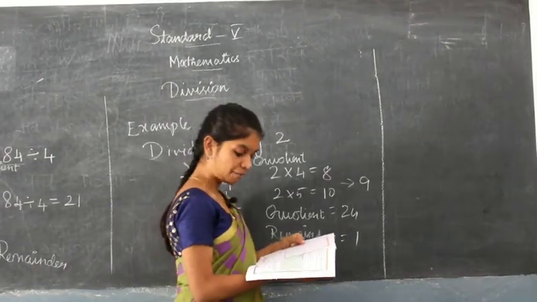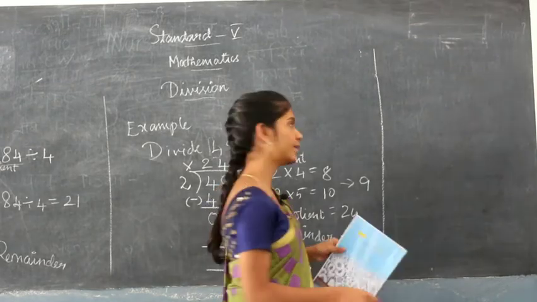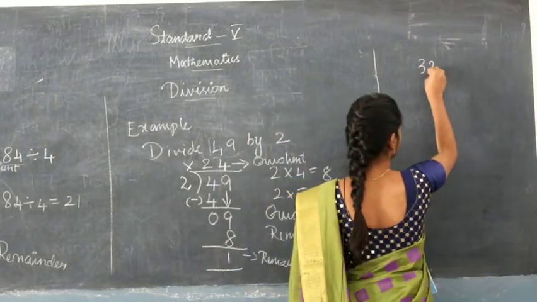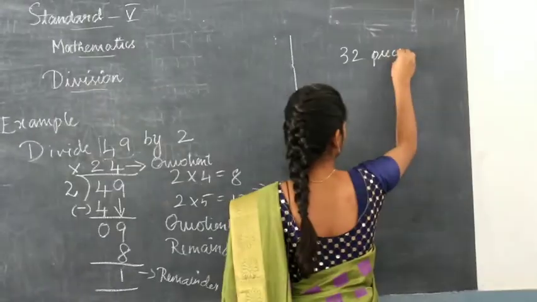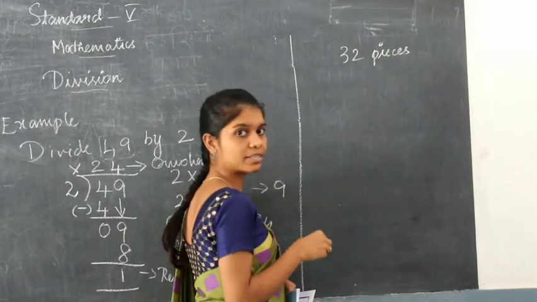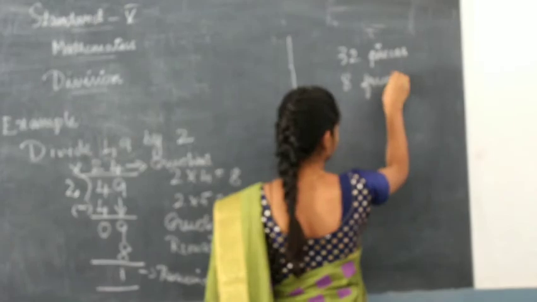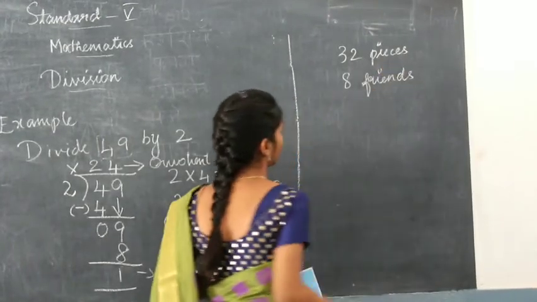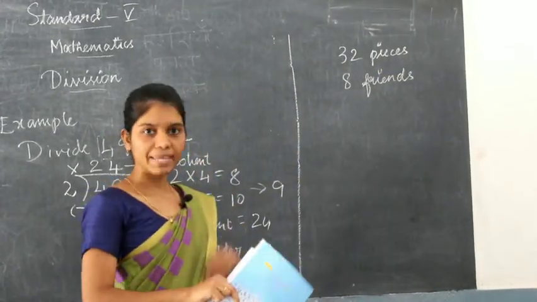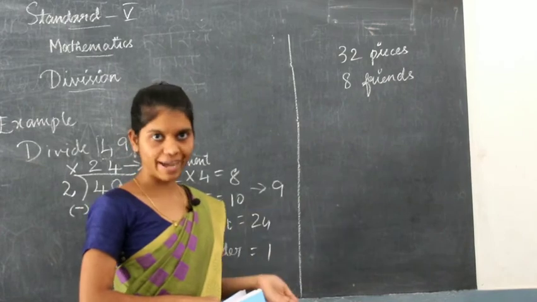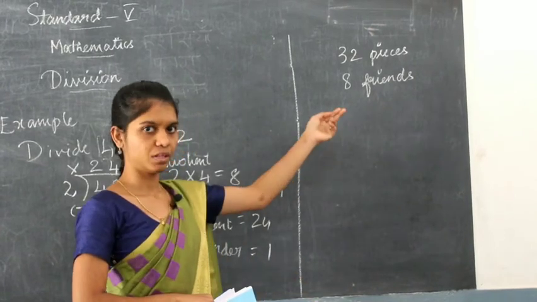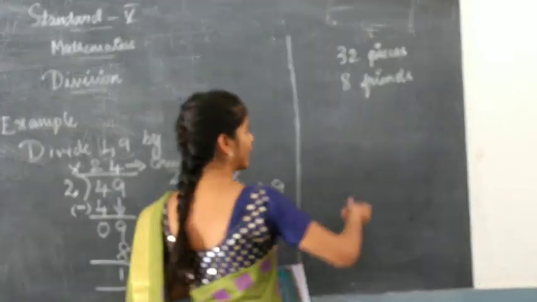Now here you have how many pieces? 32 pieces. It is divided among 8 friends. So the pieces which you are going to divide is 32. That will be your dividend.